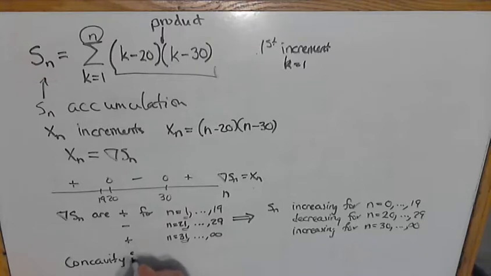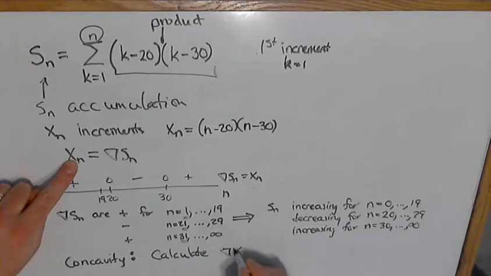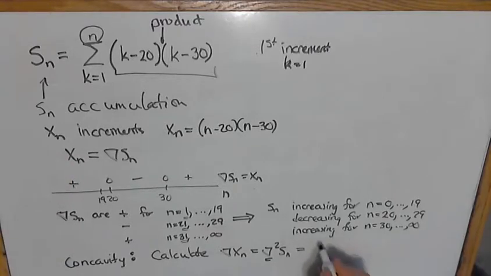And the way that I'm going to do that is I'm going to calculate the increments of the increments. So these are the increments of the increments, the second backward difference. And the way that I do that is I calculate xn minus xn minus 1.